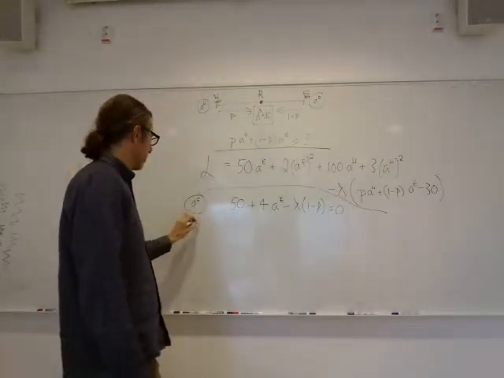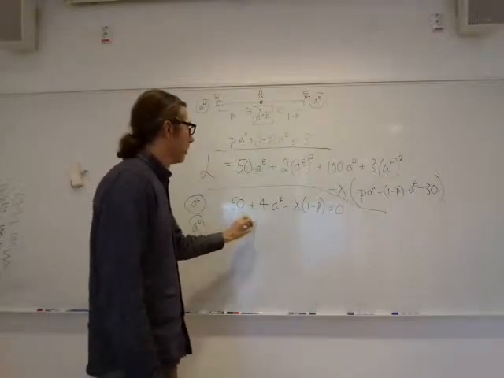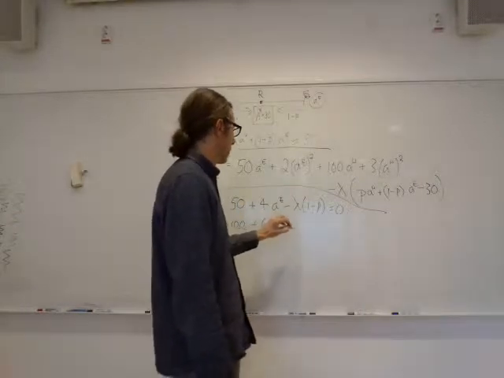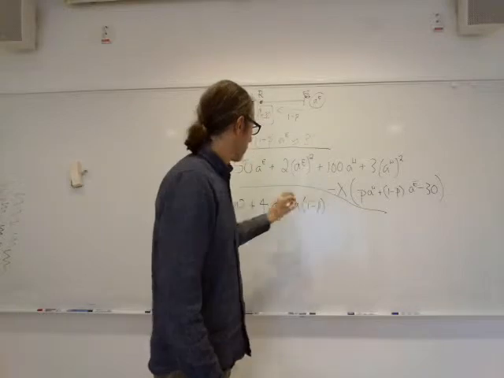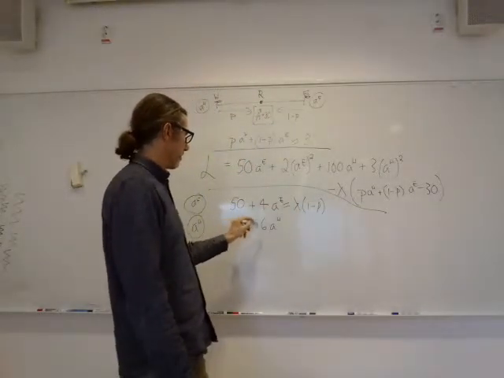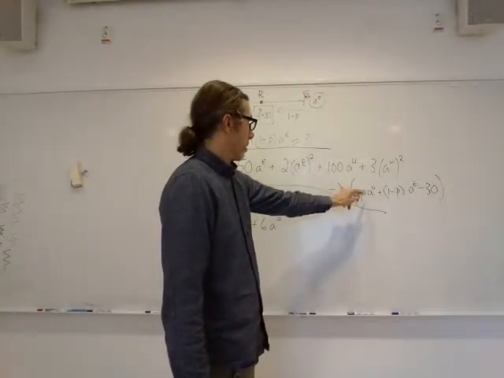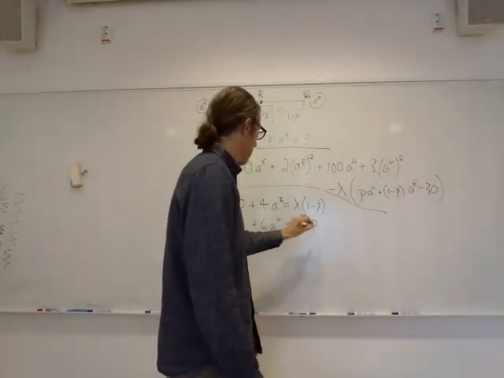So 50 plus 4AE equals lambda 1 minus P. And the first order condition in AW gives 100 plus 6 AW minus lambda P equals 0. So 100 plus 6 AW equals lambda P.